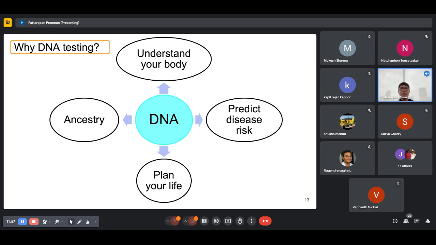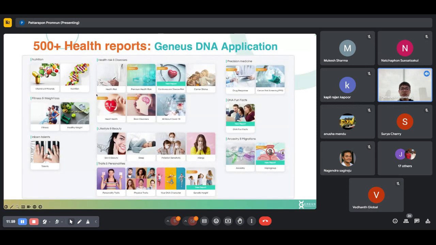Yes, and these are examples of reports. We have more than 500 reports because we are updating based on updated scientific reports and publications. So we are updating for more and more than 500 reports. At present, how many exactly?